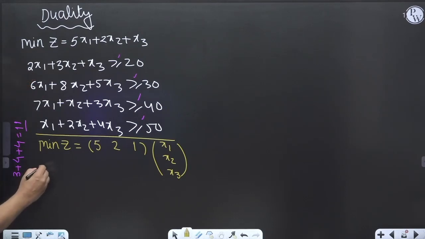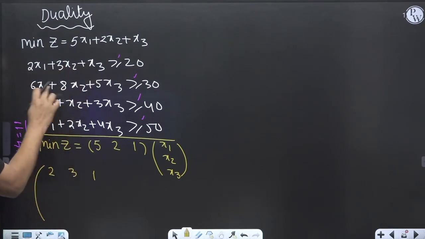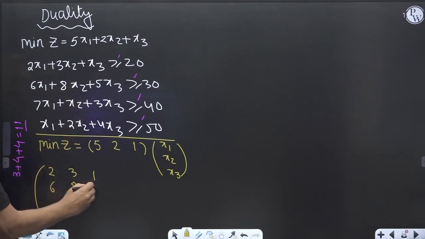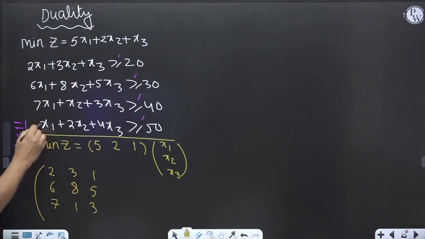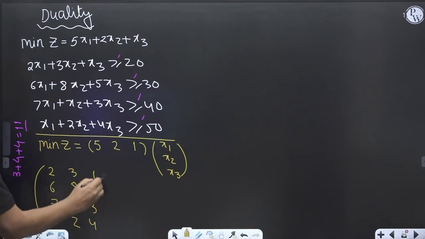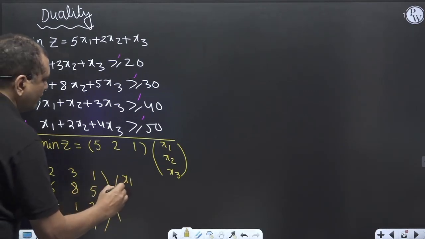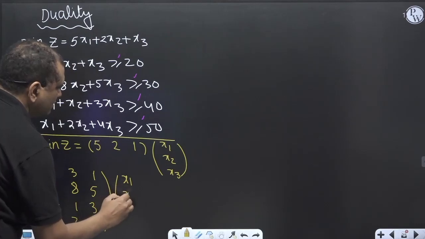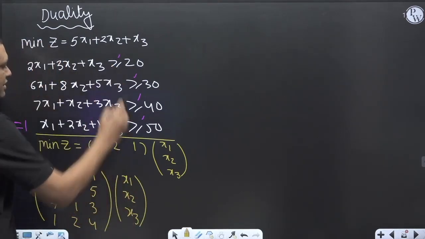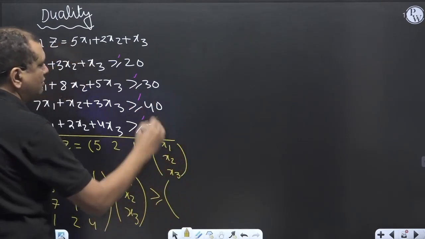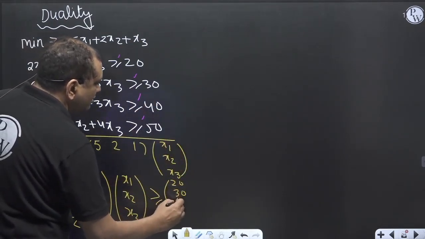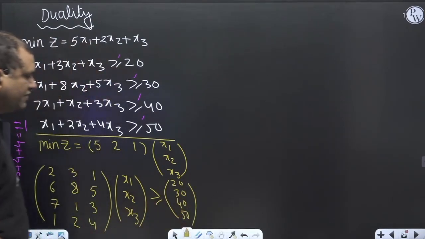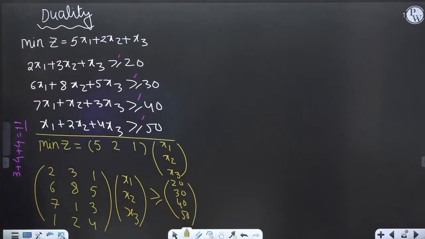This matrix form: 2, 3, 1; 6, 8, 5; 7, 1, 3; 1, 2, 4, times x1, x2, x3, the same sign, 20, 30, 40, 50. This is a primal problem, okay na?